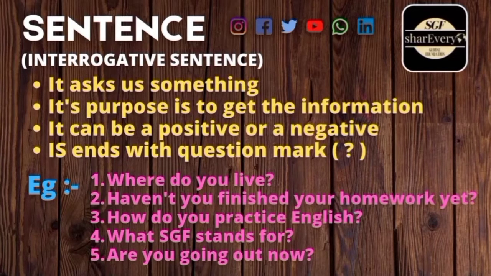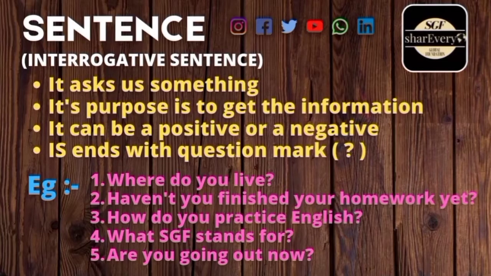And the second category among the four is the interrogative sentence. It has one more name, questionnaires. And here also we should follow four fundamental rules. A declarative sentence tells us something, but this is quite the opposite. The interrogative sentence asks us something, and its purpose is to get information. If I don't know somebody's name when I meet them the first time, I ask, what's your name?